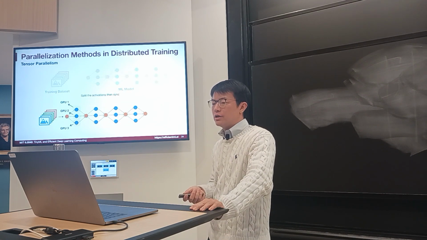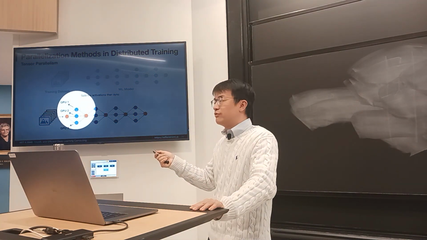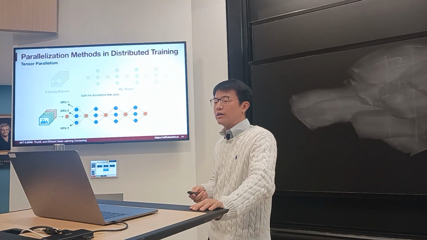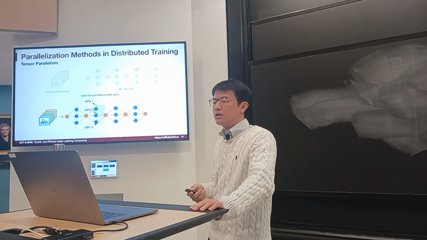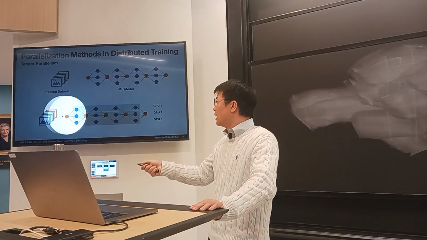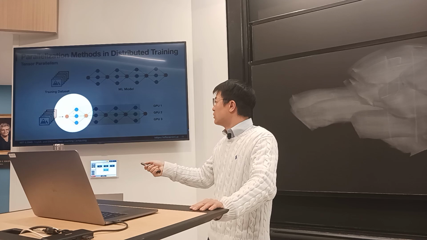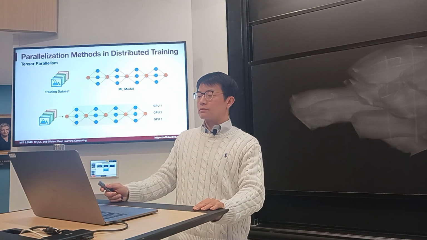In this case, GPU1 is responsible for the first third of the activation, and we can continue the same way for different layers. This is also sharing the same training data, but we are partitioning across different activations for the model.